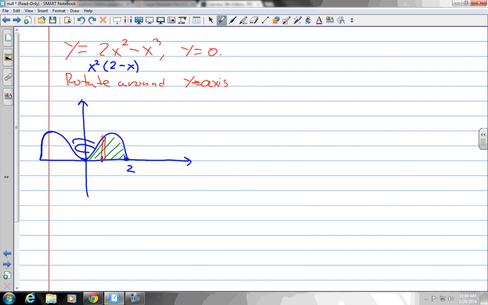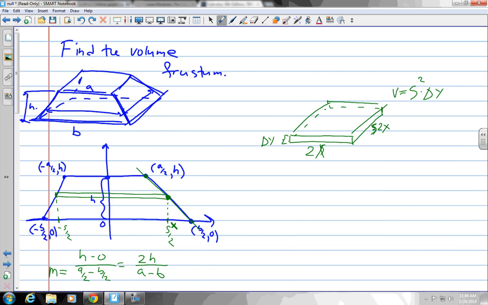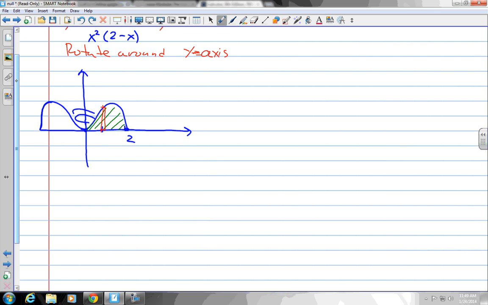Well, this is called the shell method. The washer method is the same as the disk method, because these are the slices of washers. It's a disk with a hole in the middle, same thing. But here's the idea, for those of you who've never done this before. I'm rotating this, each of those slices also being rotated around the y-axis.